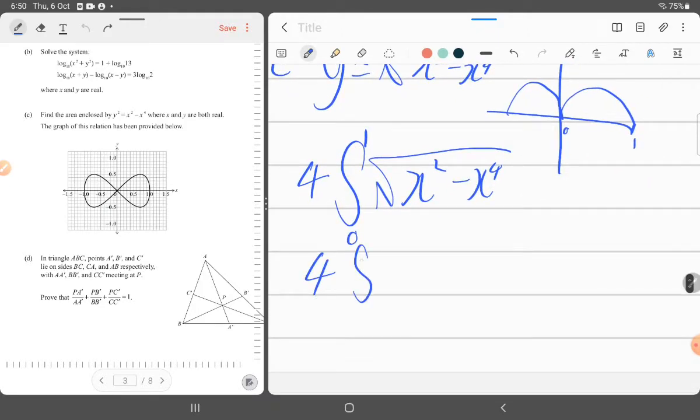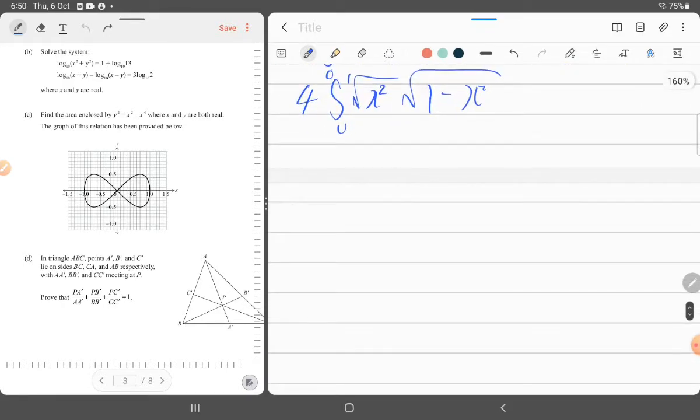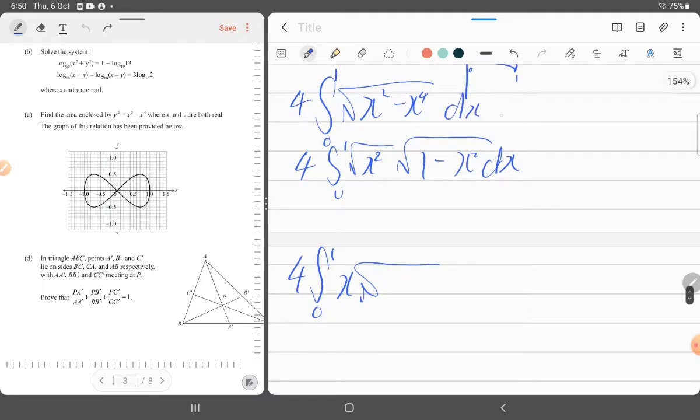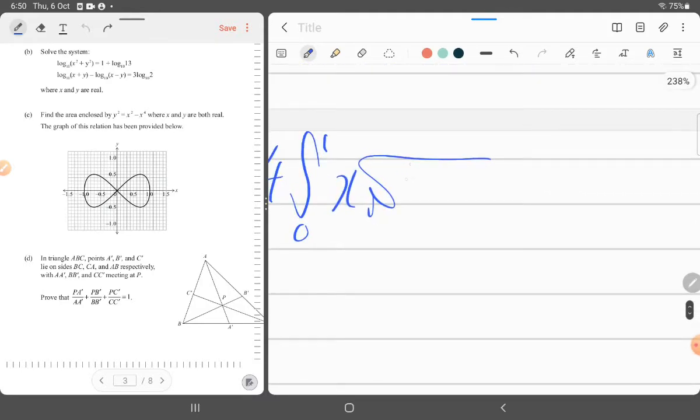We can tidy that up to 4 times the integral from 0 to 1 of x times the square root of 1 minus x squared dx.